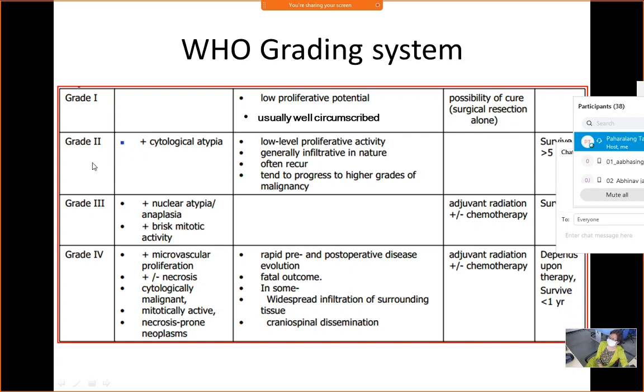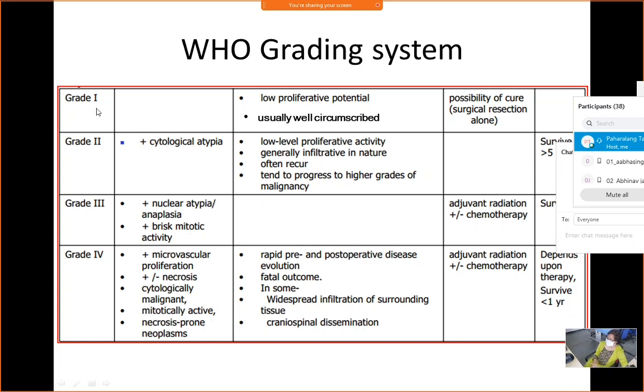Grade 2 means microscopically there is cytological atypia. Now, what I want you to remember here is that grade 1 tumors look like normal brain. They may look absolutely like normal brain. Yesterday, I was telling you about a condition known as gliosis, the reactive changes which happen in the brain.